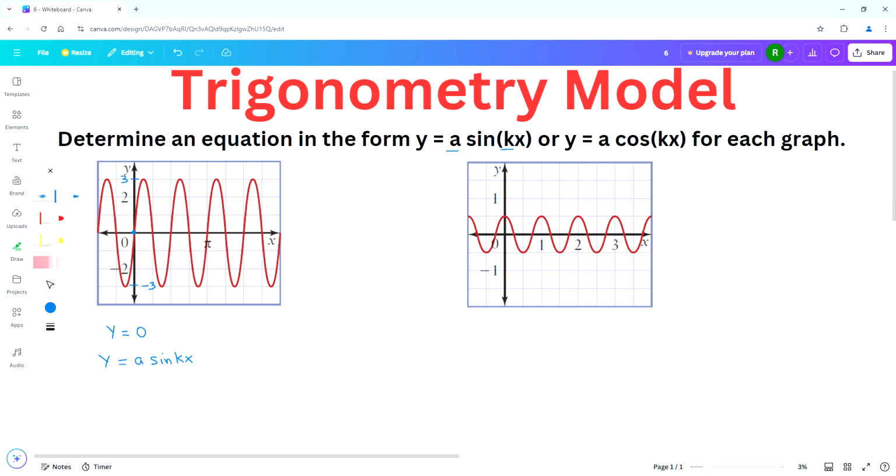In this case, a value will be equal to the amplitude. A value will be positive because after passing through the origin, the graph goes up all the way to its maximum value. We can use the formula for amplitude, maximum value minus minimum value divided by 2.